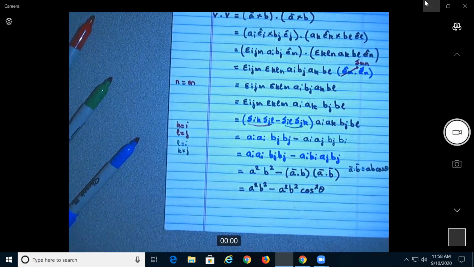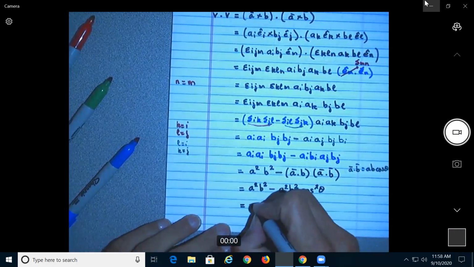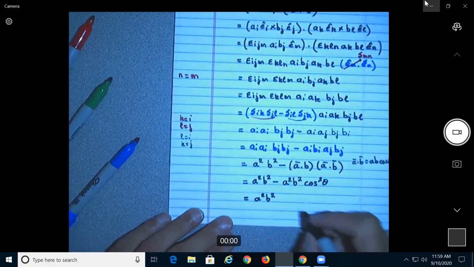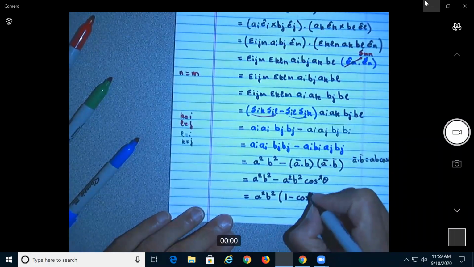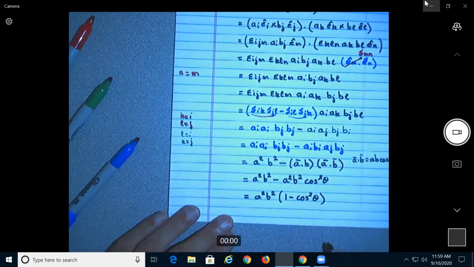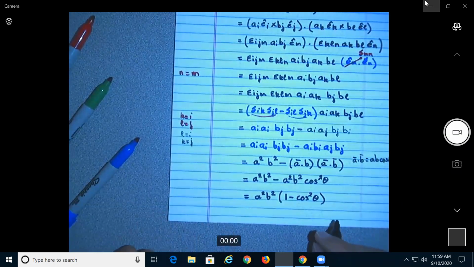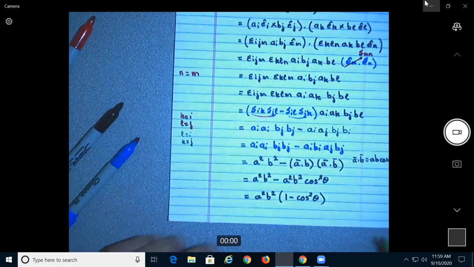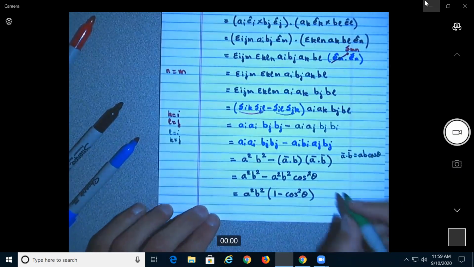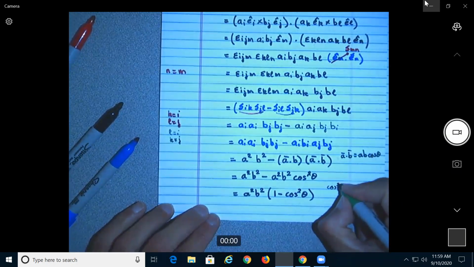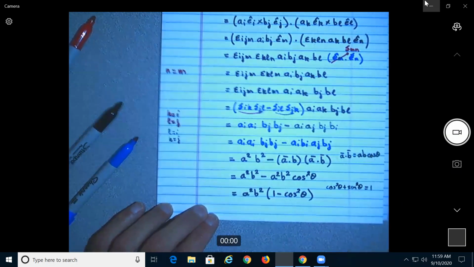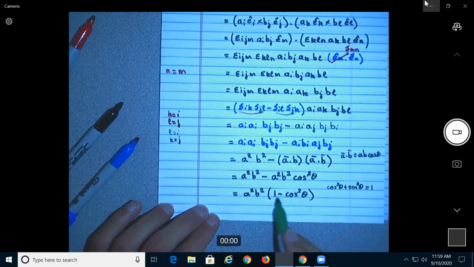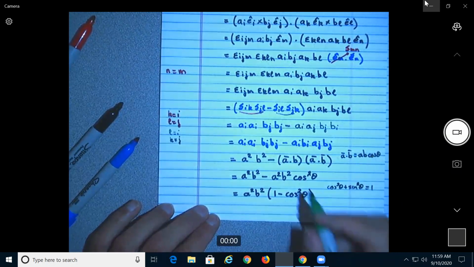Okay? So now if we factor out A squared B squared, we have a factor of 1 minus cosine squared theta. But we know that cosine squared plus sine squared equals 1. So 1 minus cosine squared will be equal to sine squared.